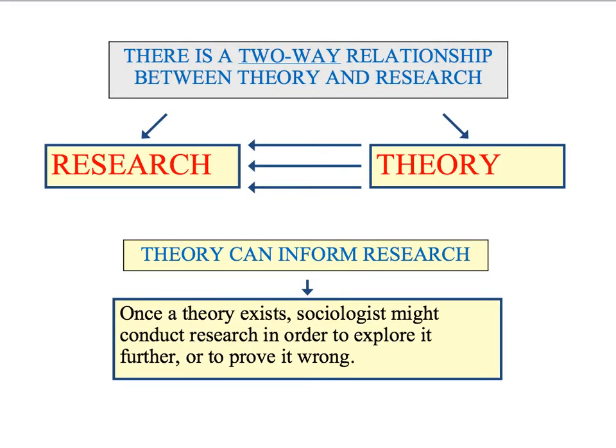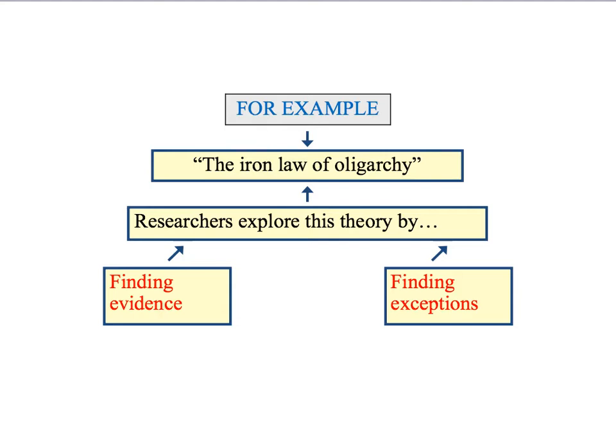But this relationship between research and theory is sometimes the other way around. So it's often the case that it's theory that comes first, and it's theory that informs the research process. So once sociologists establish a theory, they then might want to conduct research in order to explore it further, or to see whether or not it can be proved wrong. For example, there's a theory in political sociology known as the iron law of oligarchy.